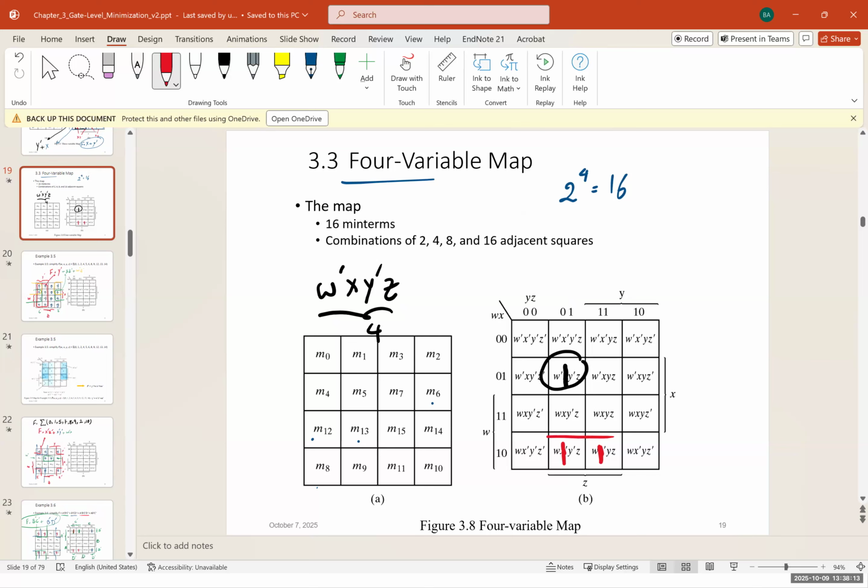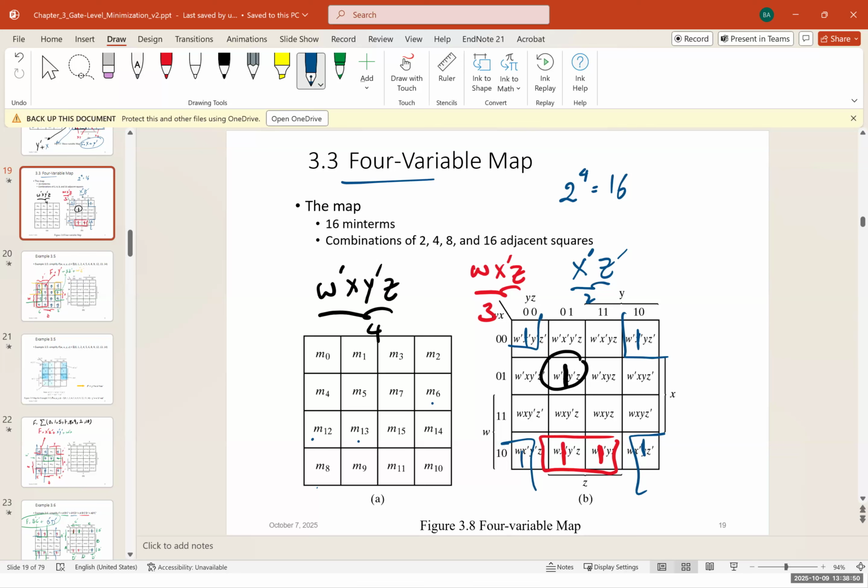Then I would have Z, X prime, W, or W, X prime, Z. So I have 2 bits, but how many variables do I have? 3. Now, what if I have 4 ones, 1, 2, 3, 4? How many variables would I have? The blue one would be equal to X prime, Z prime. I would be left with 2.